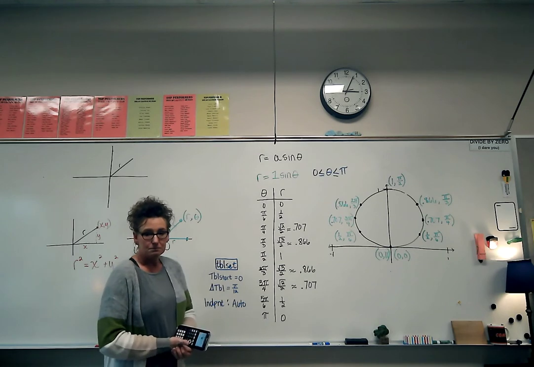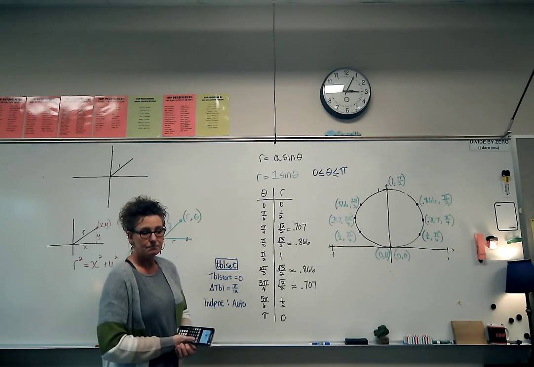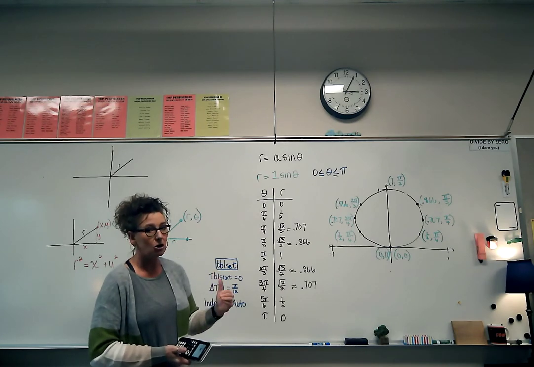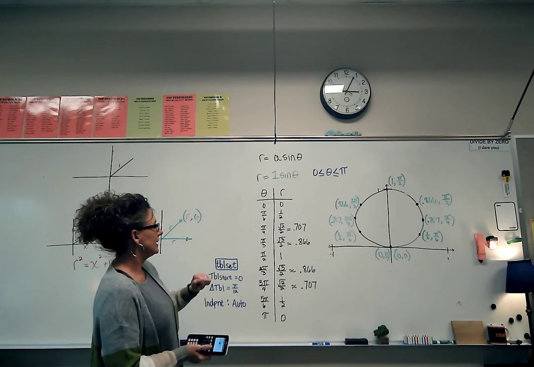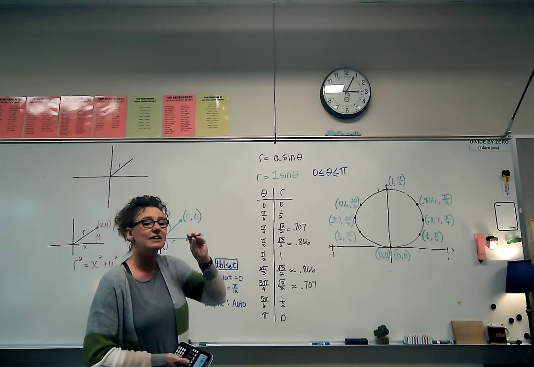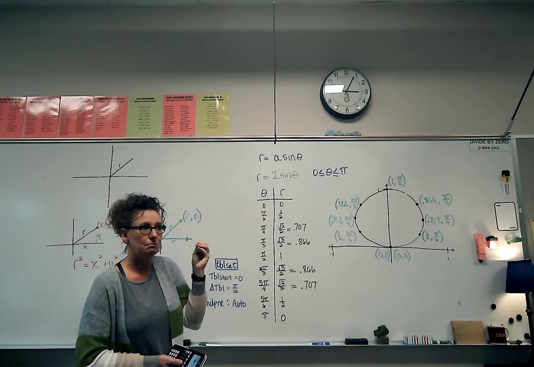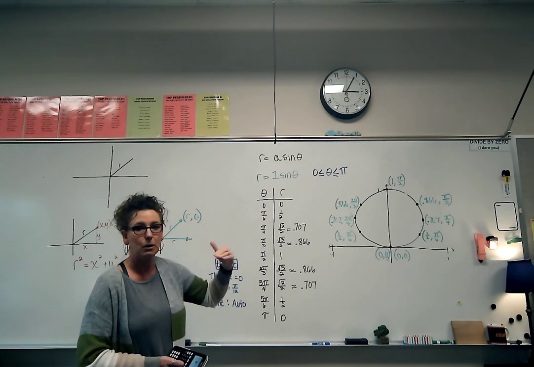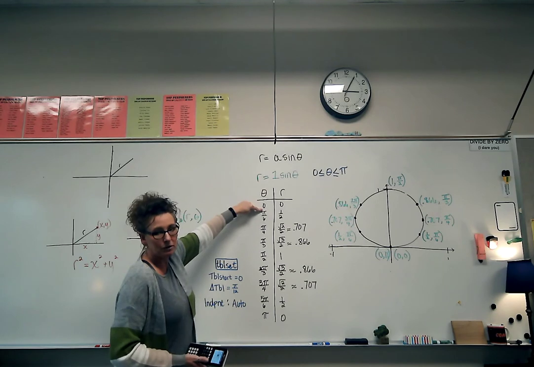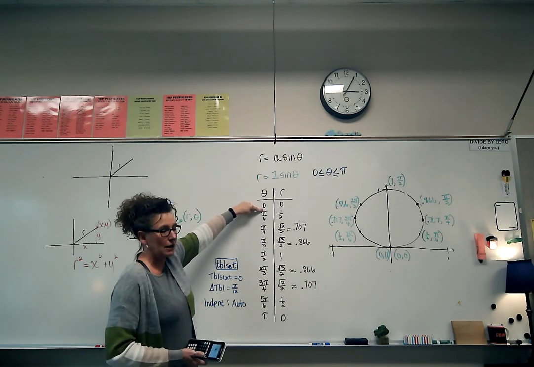And then hit table. Once you do that, your table is going to be considerably longer than mine. And here's why. You're counting by 12s. I left out some polar coordinates. I left out 1 pi over 12. I didn't want to look at it. That's not a common angle.